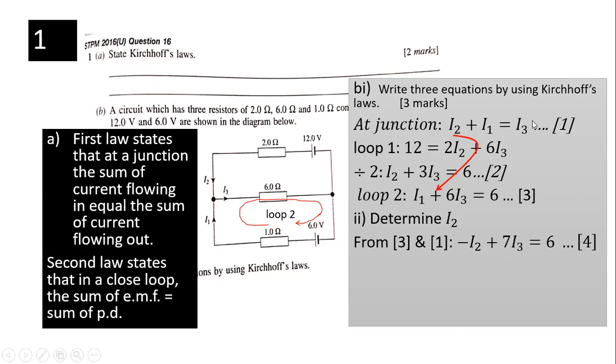So I take my I3 minus I2, so I get my I2 here. I3 plus that is 6. So after that, 2 plus 4, I can carry my I2. I get 10. This was done before.